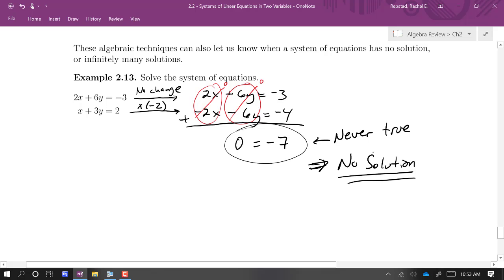If you graphed these lines, they would be parallel, but not the same. So you'd see two different lines that are parallel to each other. You could see that they never cross. And if you find their two slopes, you'll see that they have the same slope and different y intercepts.